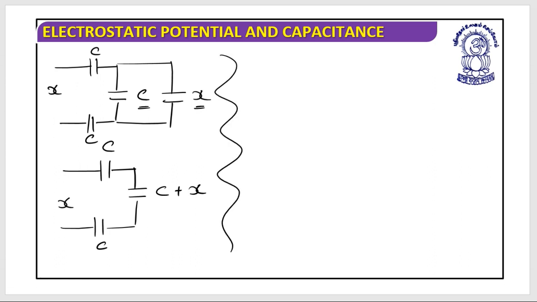As these three are in series, we have 1 by X equals 1 by C plus 1 by C plus X plus 1 by C, and now the rest of the things can be done.